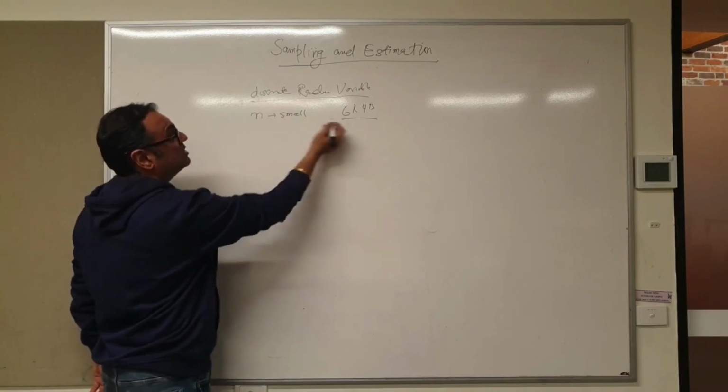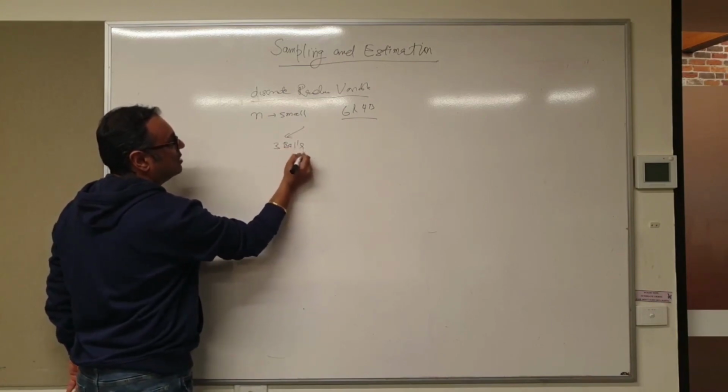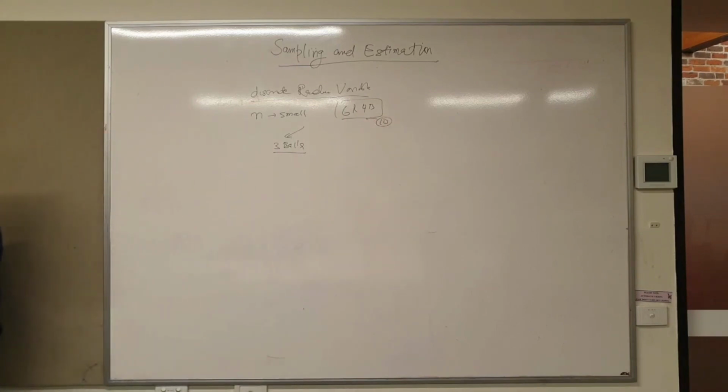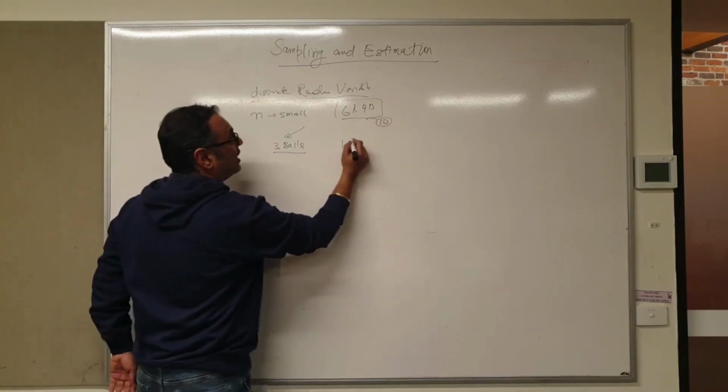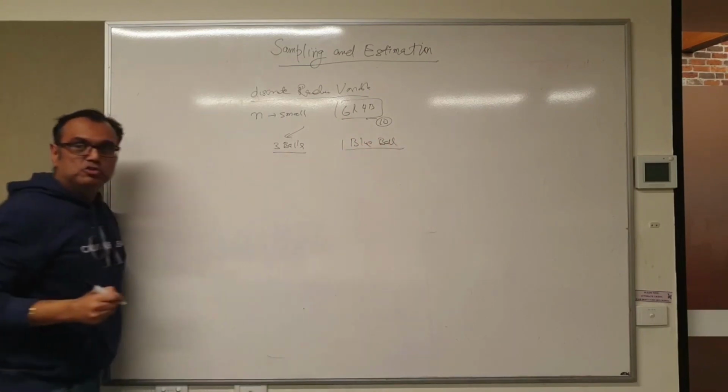I say, what is the probability if I draw 3 balls out of this bag of 10 balls that I get 1 blue ball? So how do I used to do it?